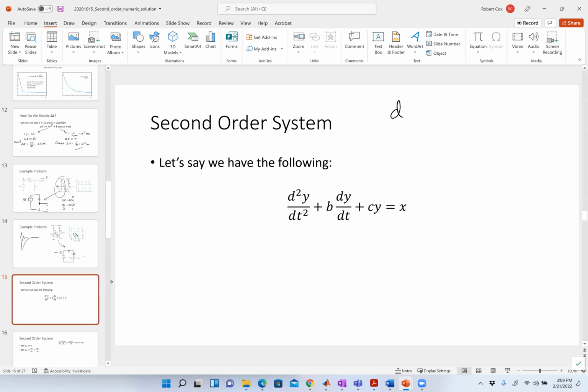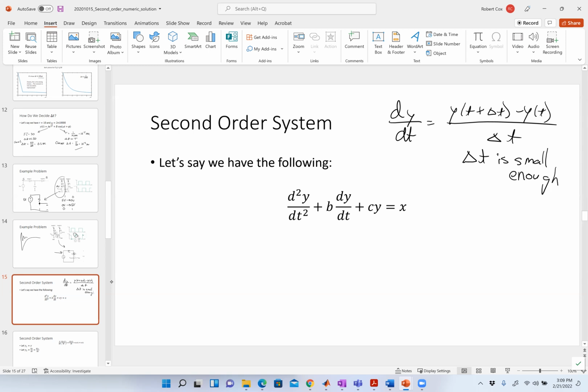We know that dy by dt is equal to y of t plus delta t minus y of t, over delta t. I said this is true if delta t is small, and I have to be careful to say small enough. Again, the hard part is defining what is small enough, because what's small enough in one problem is not small enough in another. So we have to think about what's small enough.